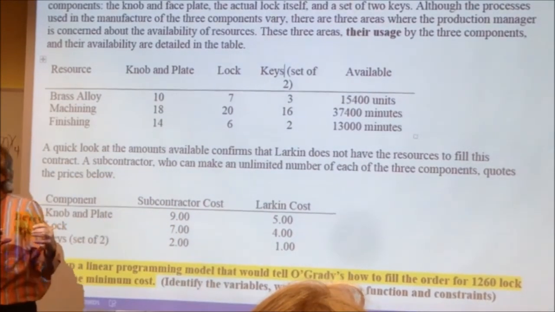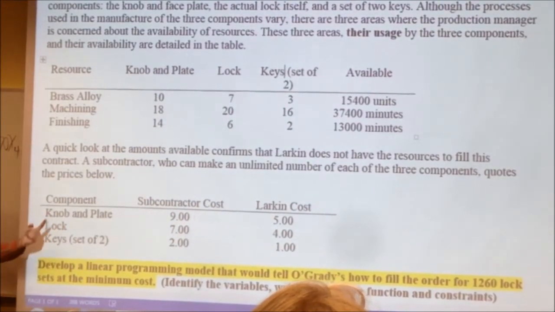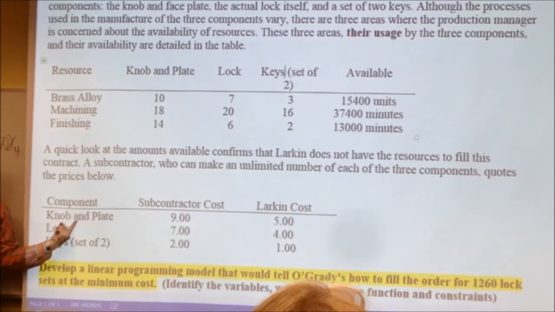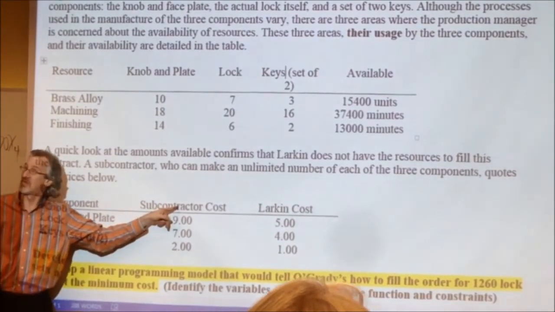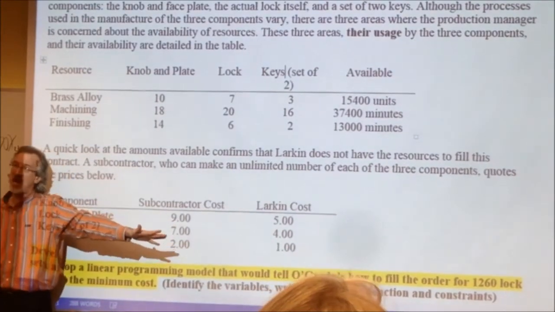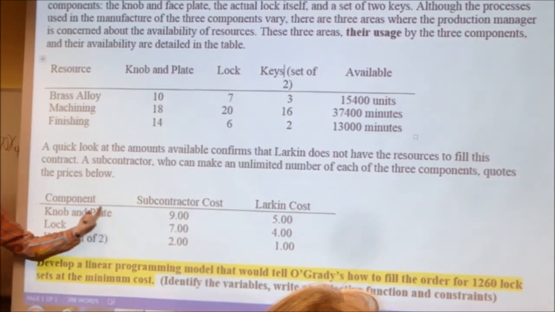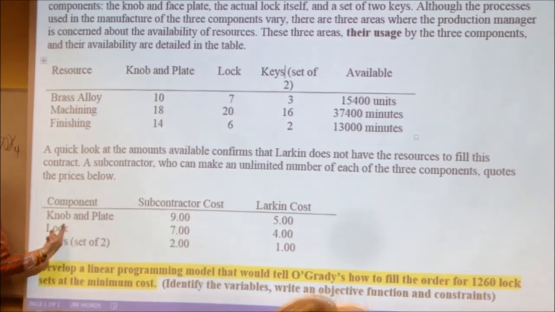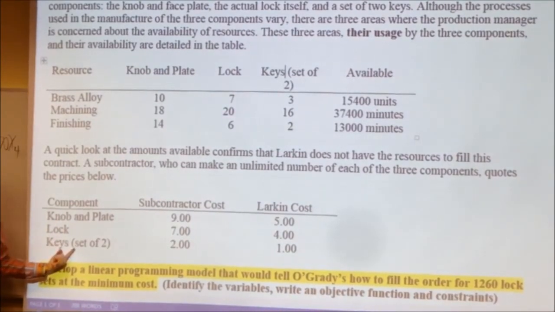And once you know that, you then got to decide how many knob and plates you're ordering through the subcontractor. You're taking down your specs, and you're saying, while we're making ours, we need you to make yours. How many you're going to have them making lots, and how many sets of 2 keys they're making.